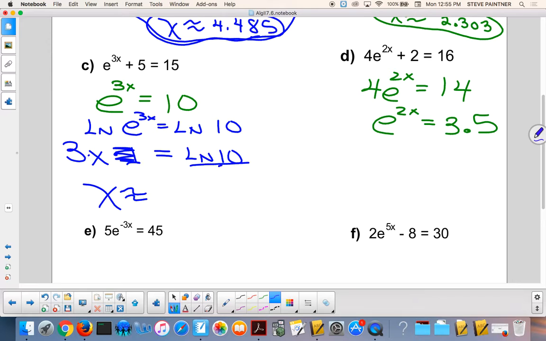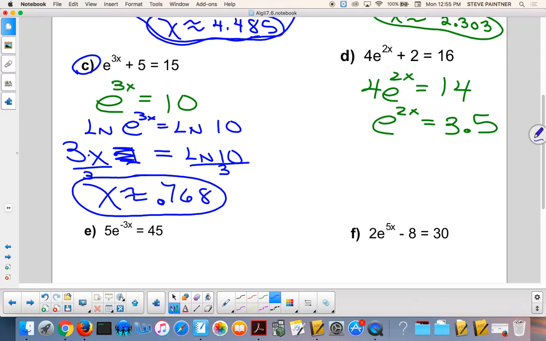Answer to letter C is what? .768. Good? Okay, the next one. Move the 2x out in front. Take the natural log of e equals the natural log of 3.5.